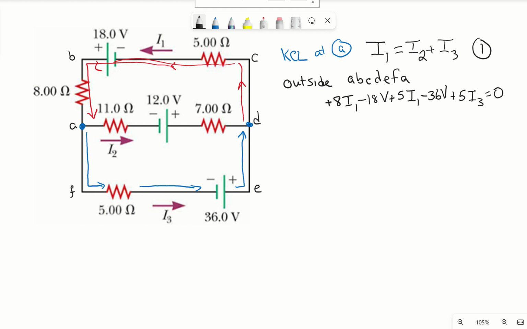I've got 8 I1 and 5 I1, so I've got 13 I1 plus 5 I3, and then I've got minus 18 volts and minus 36 volts, so that's minus 54, equals 0. So there's my equation 2.